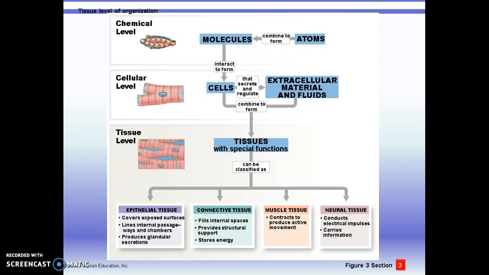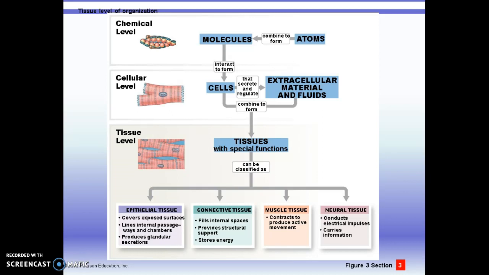So at the tissue level, there are 4 types of tissue, and it wouldn't be a bad idea to remember this slide, this part down here, with the very brief explanations for each type of tissue. We'll get into more detail, but this will get you pretty far if you know all of this. So epithelial tissues cover surfaces, they line passageways and chambers, and they produce secretions.